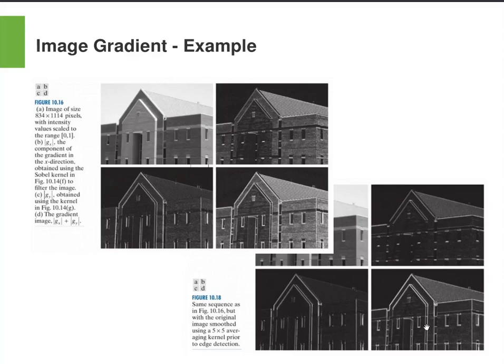So these images are basically the same result as before, but now we have smoothed the original image by a 5 by 5 averaging kernel, and as you can see, a lot of the very fine gradient values that we had in these regions are completely eliminated when we apply a smoothing before calculating the gradient.